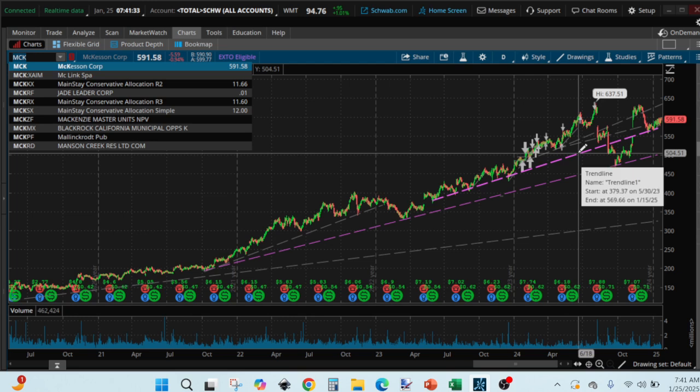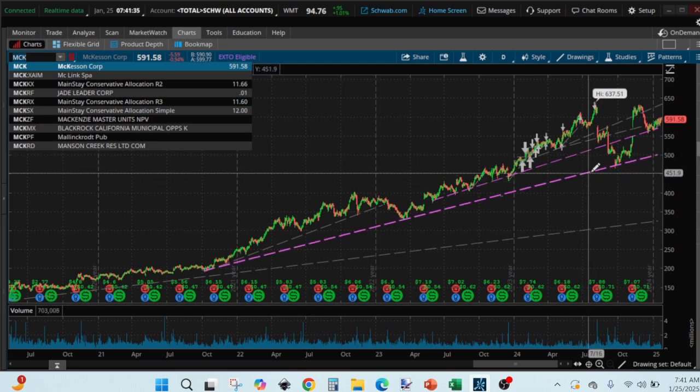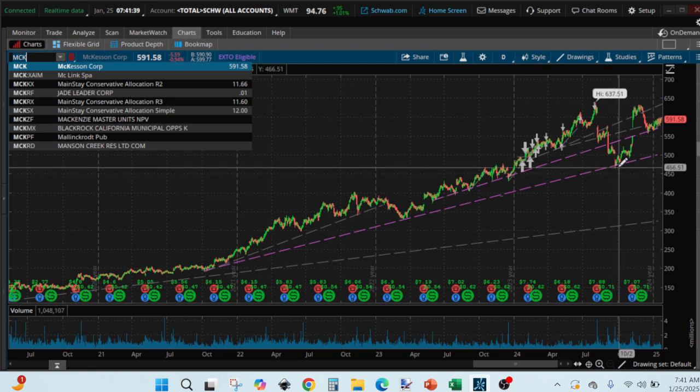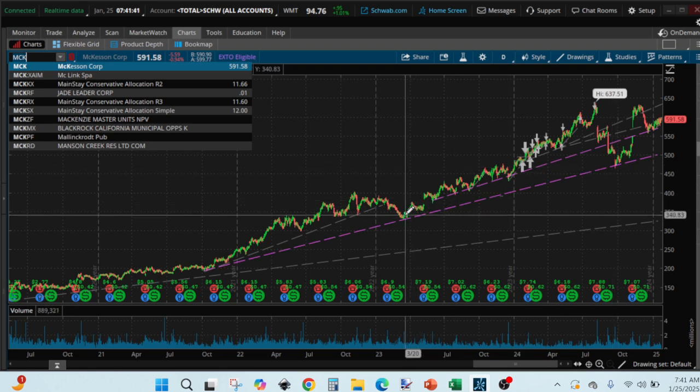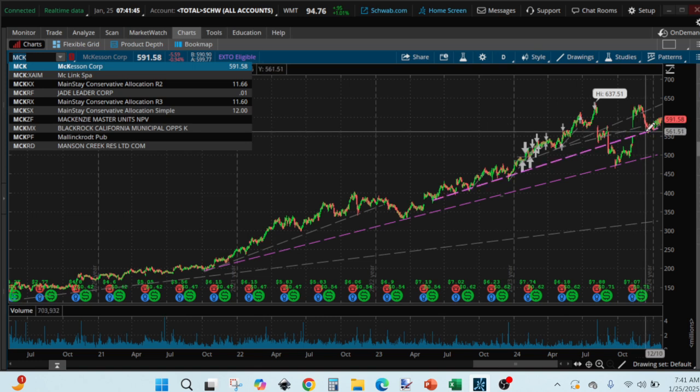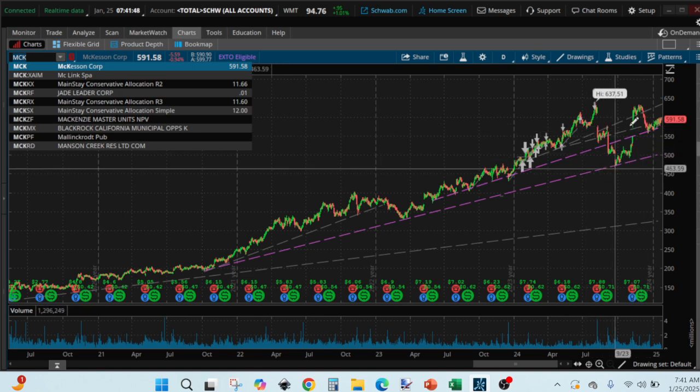So we highlight that one and this one. Even though we are aiming for this one, it touched base with it not too long ago, and the last time it touched base with it was a while ago. So we prefer to buy at that trend line because it touched base with it and started going up.